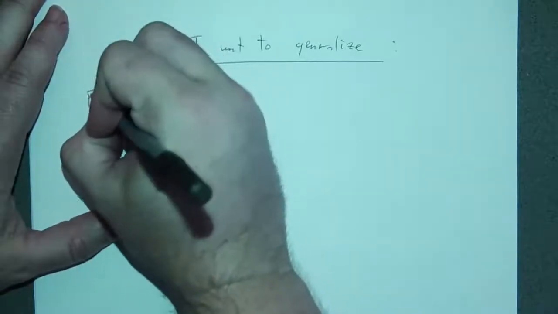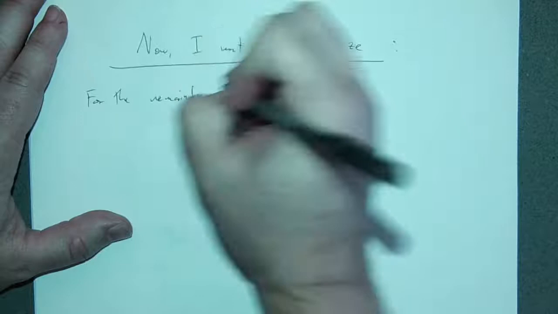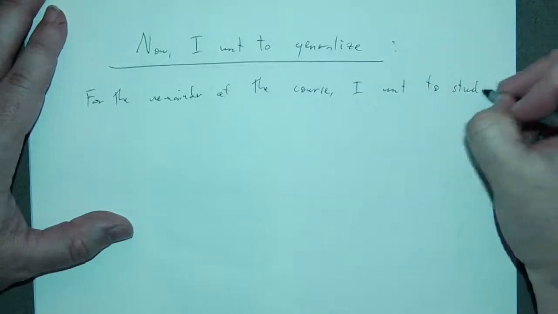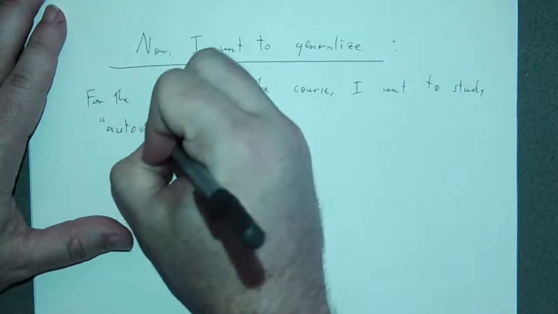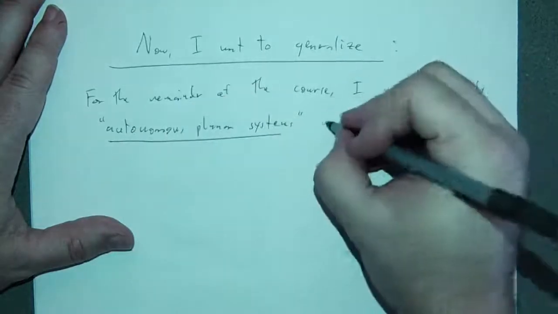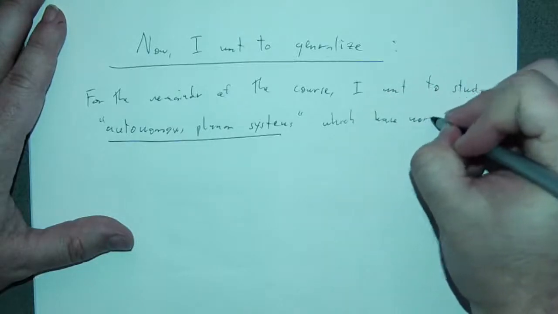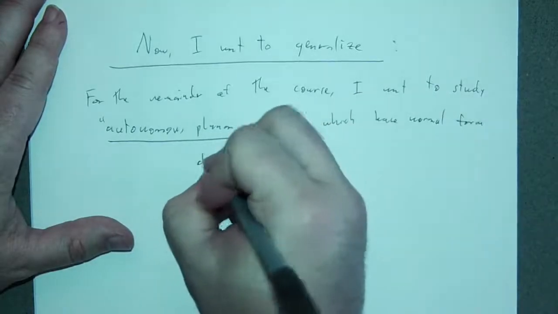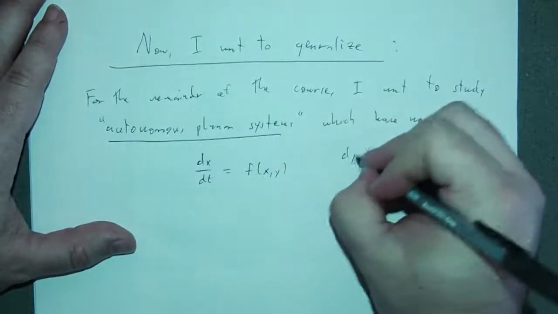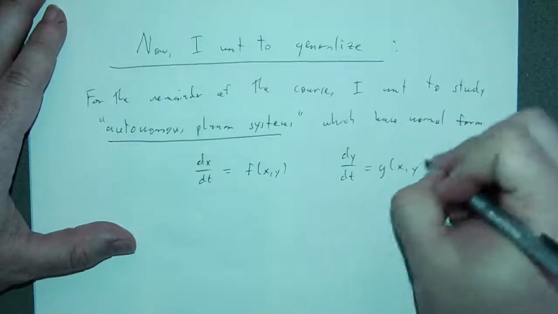I can't generalize completely, but the idea here is for the remainder of the course, I want to study what are called autonomous planar systems, which have normal form dx/dt is equal to f of x,y, and dy/dt is equal to g of x,y.